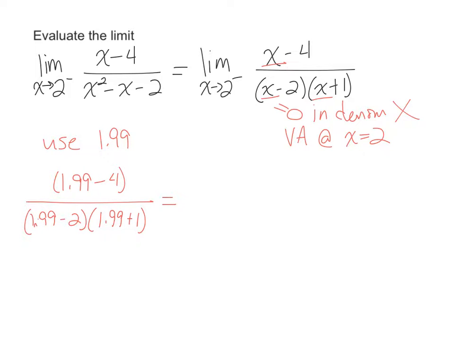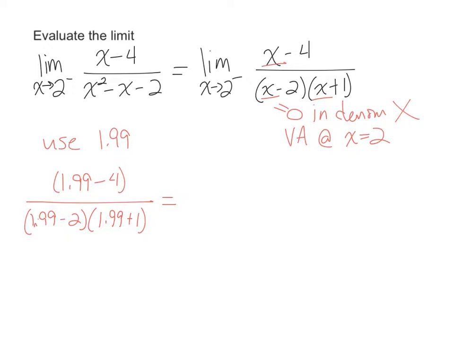Now you can go through and figure out what all of these values are, like this is negative 2.01, negative 0.01, 2.99. That's fine, but we just need the signs, and that's all I'm going to figure out.